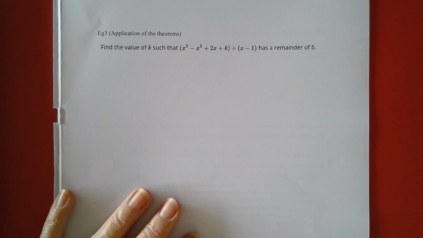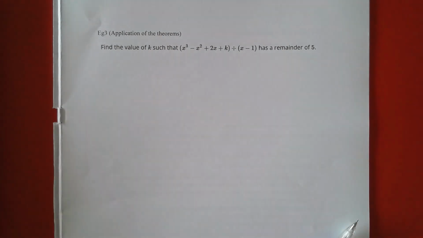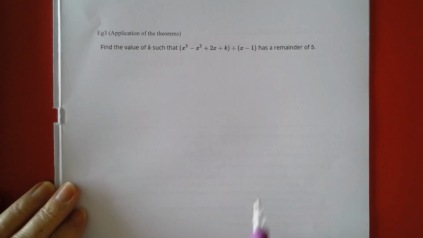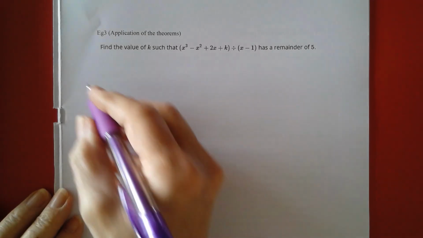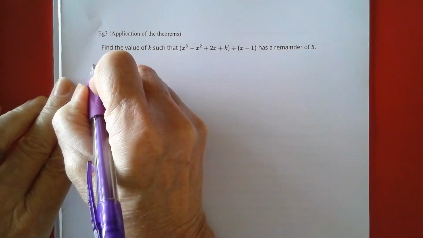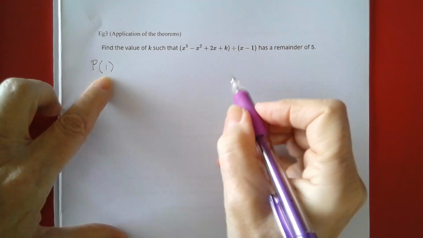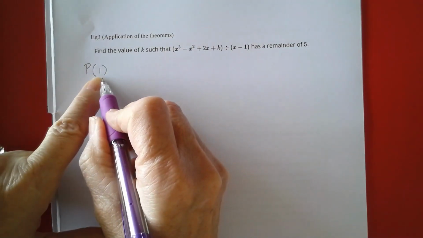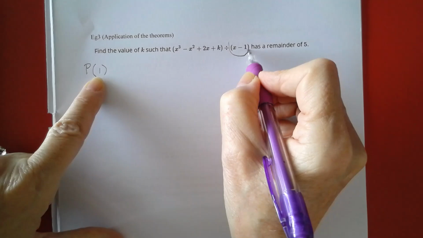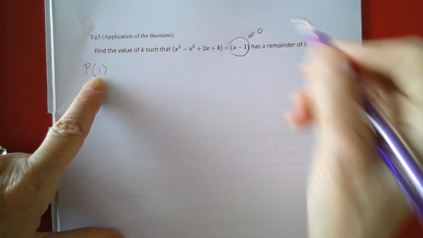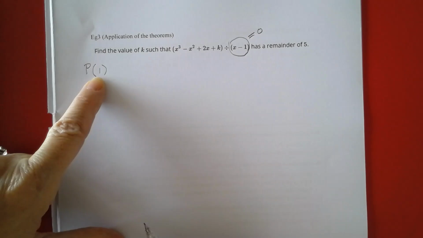All right, here we go. Find the value of k. Okay, so I think it's best to do the two different ways. So I'm going to do this way first, the remainder theorem way. Why did I pick 1? Yep, this has to equal 0, so x has to be 1, right?